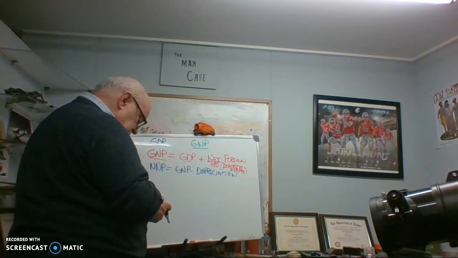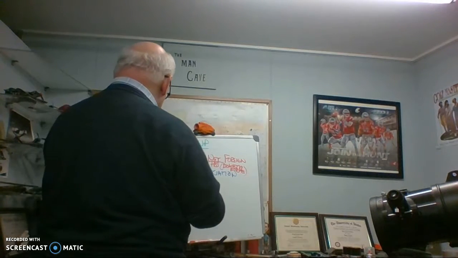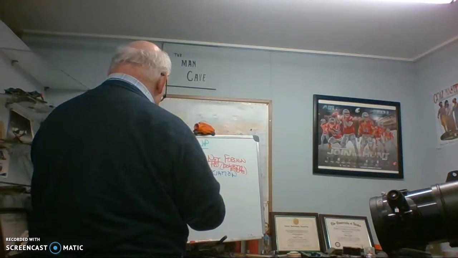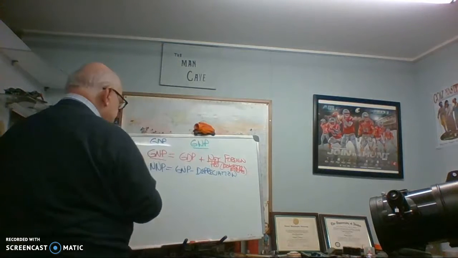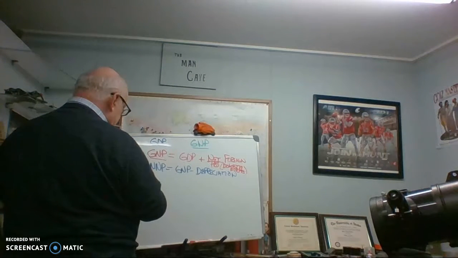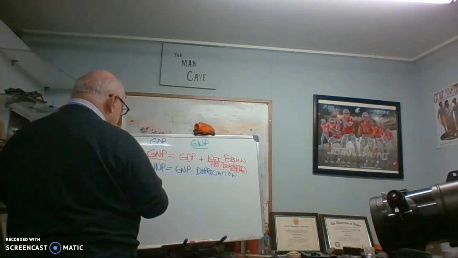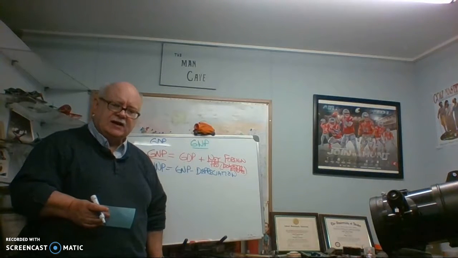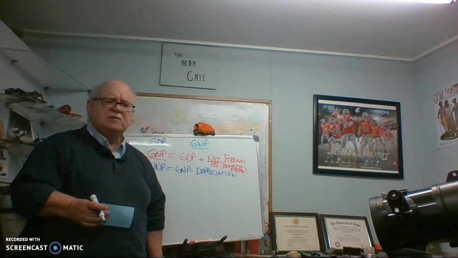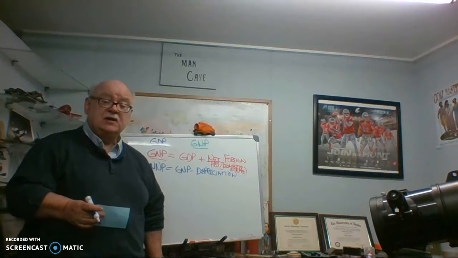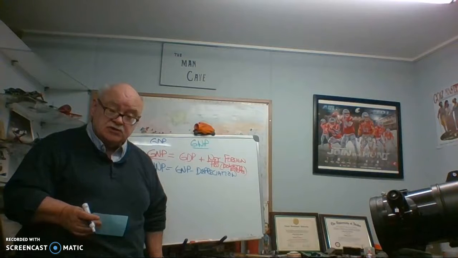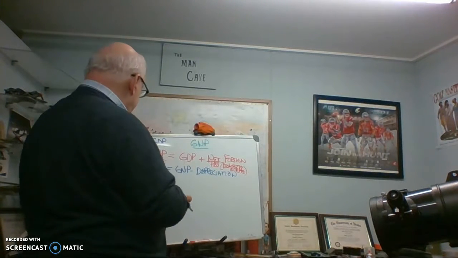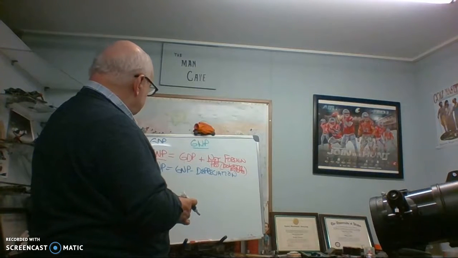Okay. Now, so we have net national product. We can derive from net national product national income. Now, how do we do that? Well, remember that we said that GDI is basically the same as GDP, except for the statistical term. Well, you can do the same thing with NNP and GNP.